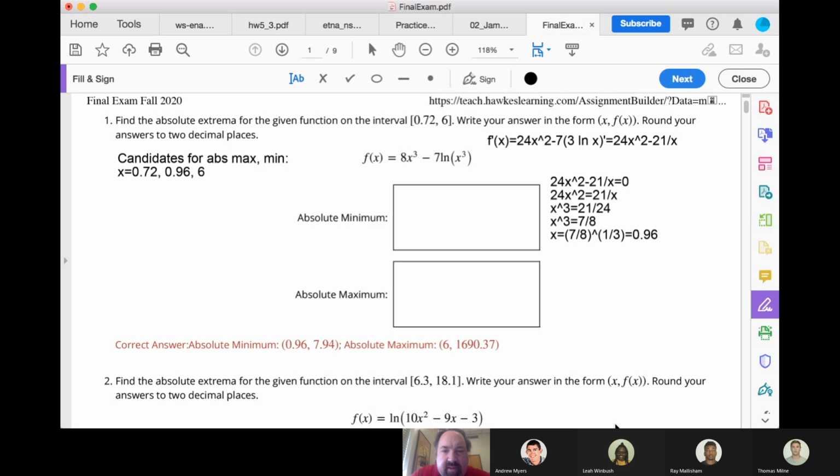Okay, so then I have 8x cubed minus 7 times natural log of x cubed.